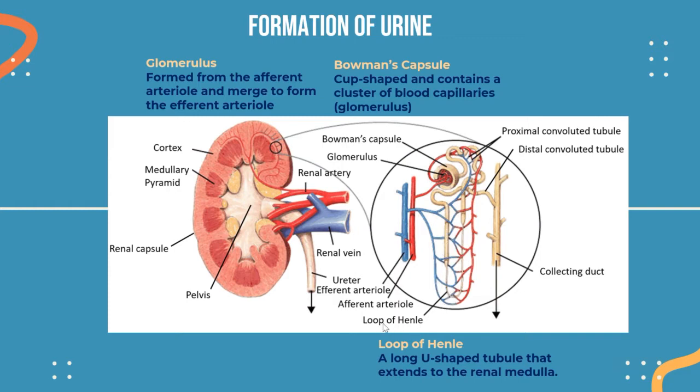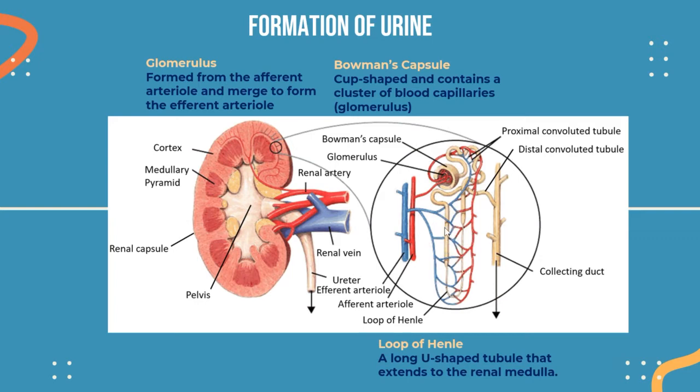The loop of Henle is a long U-shaped tubule that extends into the renal medulla. So the loop of Henle is located in the medulla of the kidney.